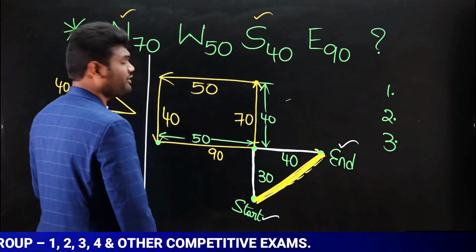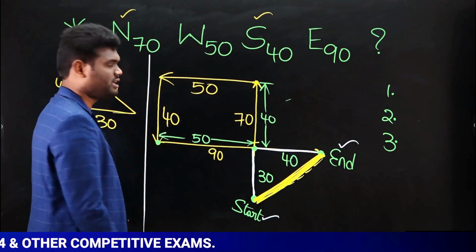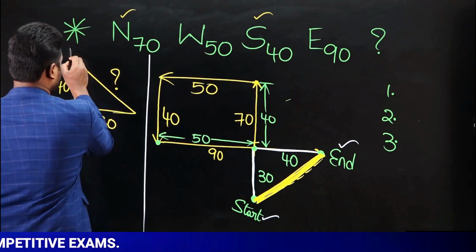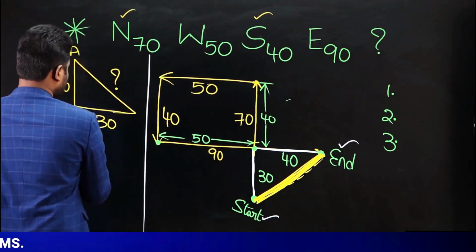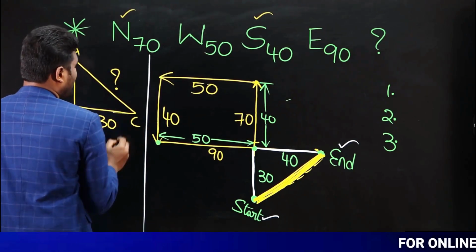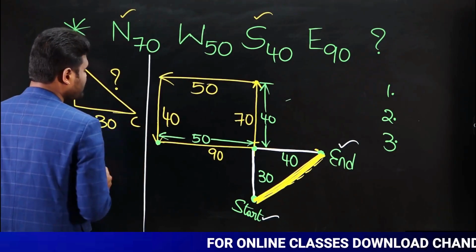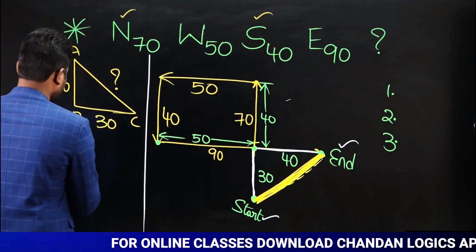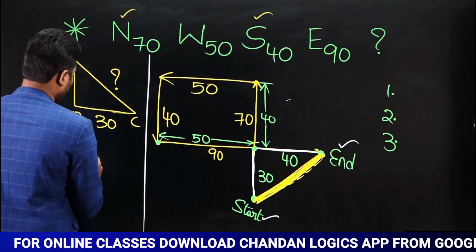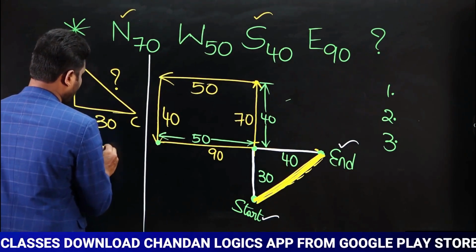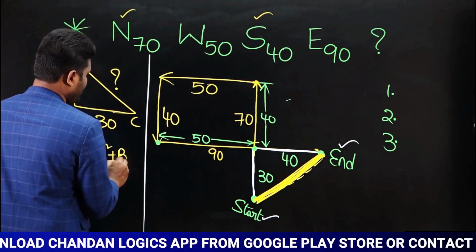Already we have learned in our childhood. Yes. Pythagoras theorem. Yes or no? You have learned Pythagoras theorem. This is A. This is B. This is C. Now if you need to calculate AC value, you use Pythagoras theorem. What does Pythagoras theorem say? AC square is equal to AB square plus BC square. Yes or no?